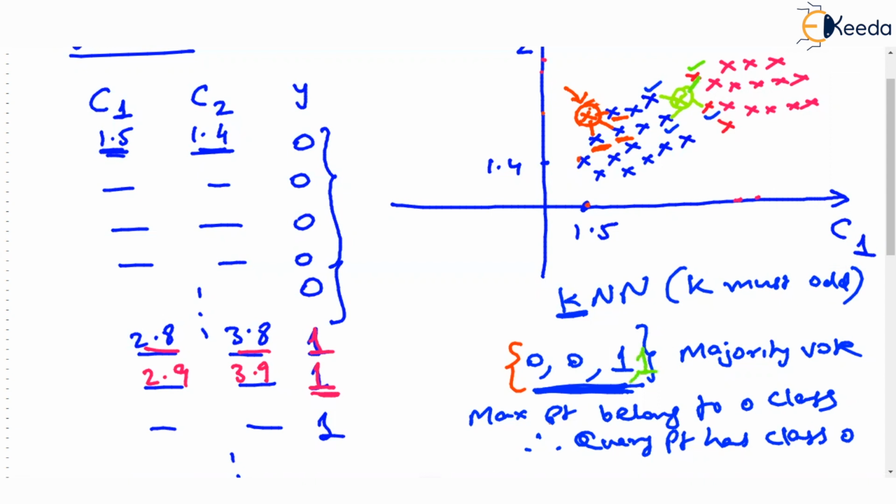And then you can't take a majority because both are distributed evenly. If you take 3 or 5 or 7 only, then you will get a majority between the 2 classes. That's it. This is k nearest neighbor.